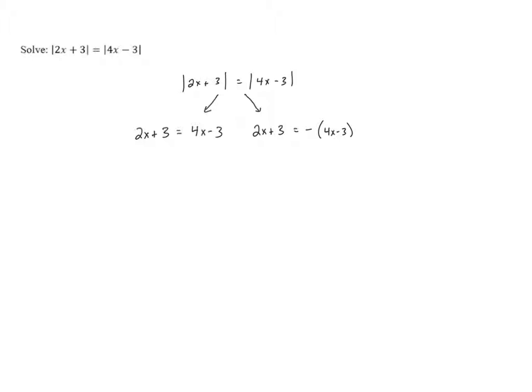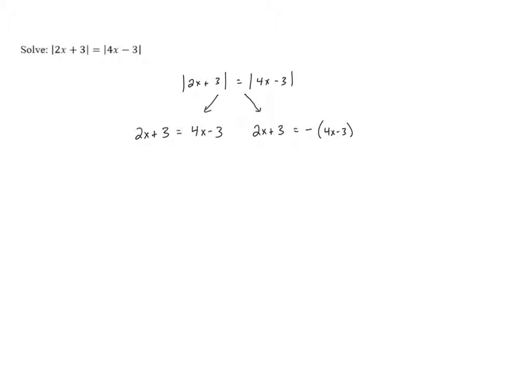So even though it's a different sort of scenario with two absolute value symbols instead of one, or two pairs instead of one pair, the procedure ends up being basically the same. We split it up into two equations. We've got one equation, which is just what we get if we erase the absolute value signs. And then the other equation is the same as the first, but the right-hand side we're taking the opposite of.